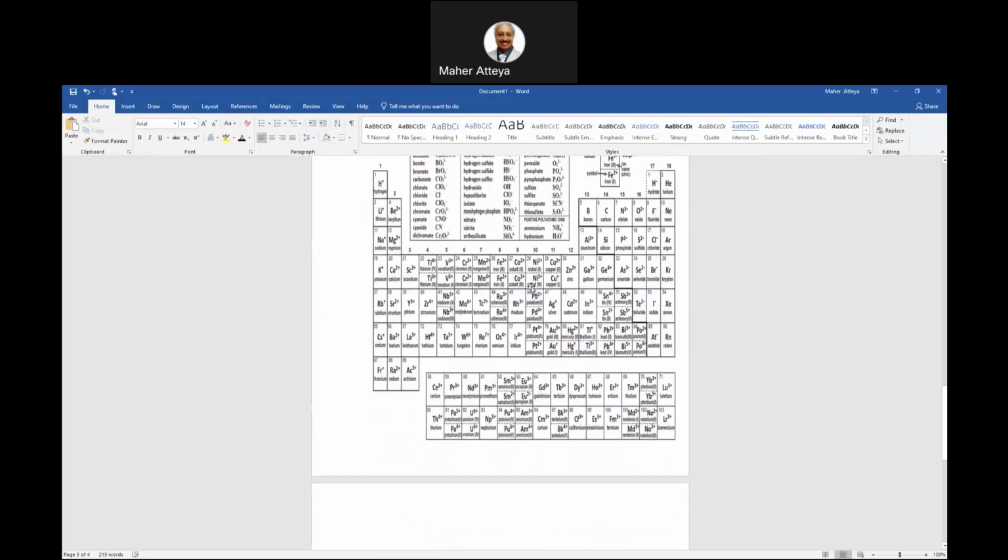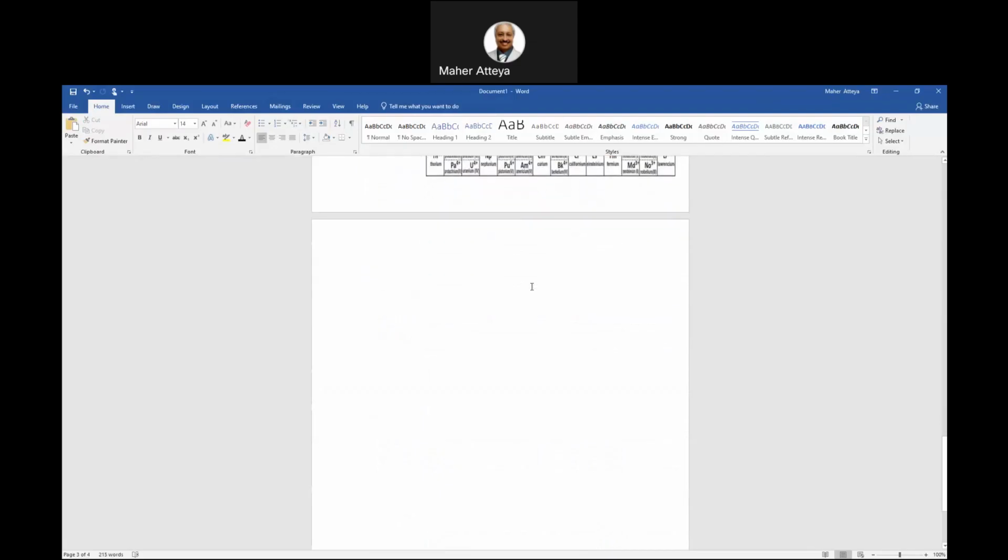Now let's look at some examples. I will give you the name, and you write for me the structure. Here it is, guys. Aluminum, correct? That's an example.